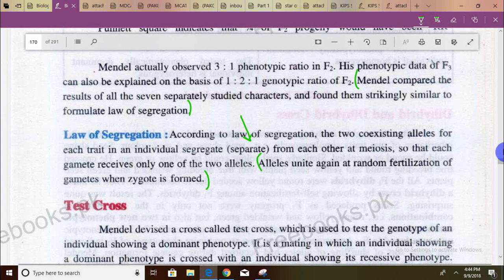Now we talked about how true breeding lines and monohybrids are different, and that F1 was a monohybrid while P1 was true breeding, and that F3 had both monohybrids and true breeding lines. So how do we know which is which?